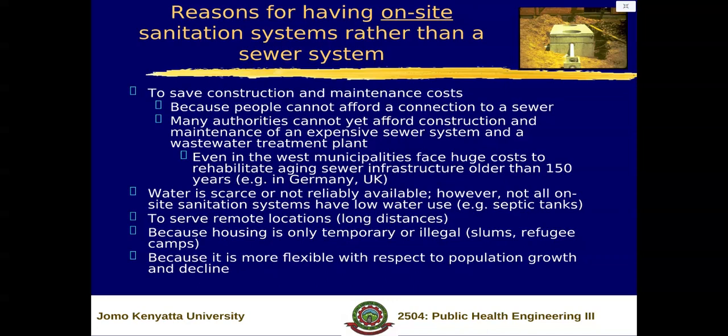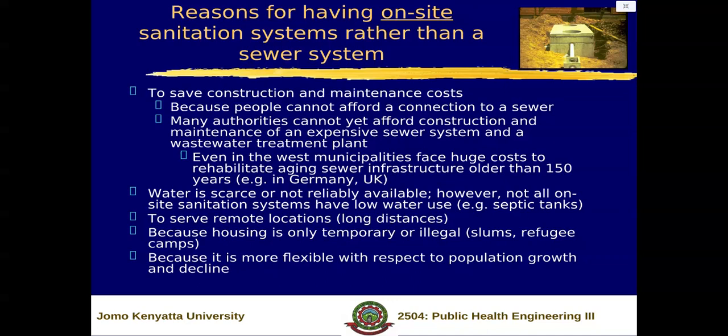But a decentralized system allows us to develop on an incremental basis in terms of affordability, and we reduce the cost of transmission of wastewater. So one of them is an affordability issue: it is cheaper to do a decentralized system as compared to a centralized sewer. Of course, there are pros and cons, because the treatment system now comes in as a cost.